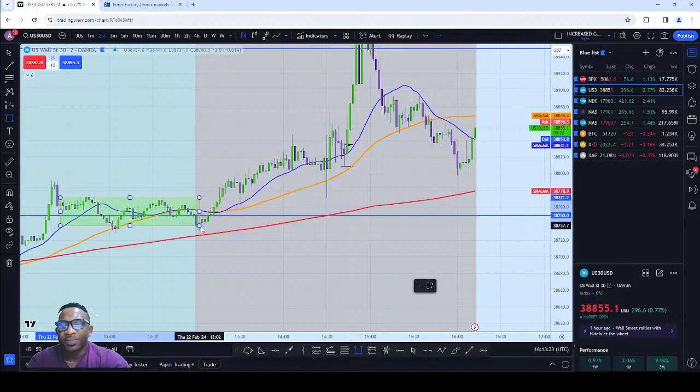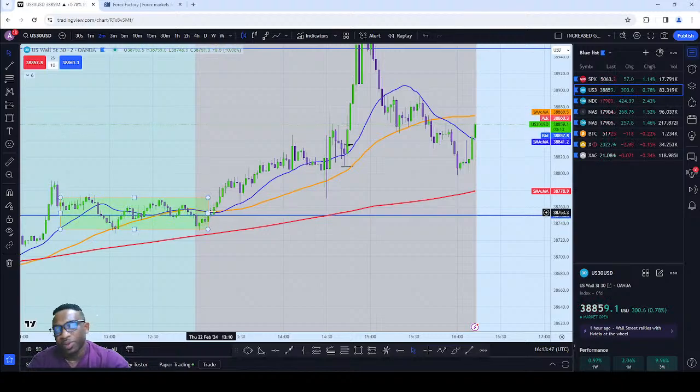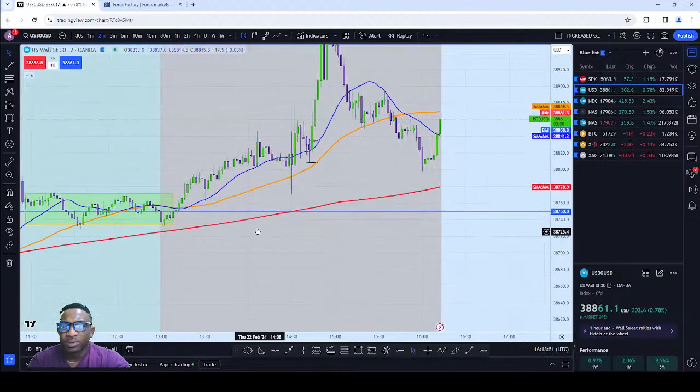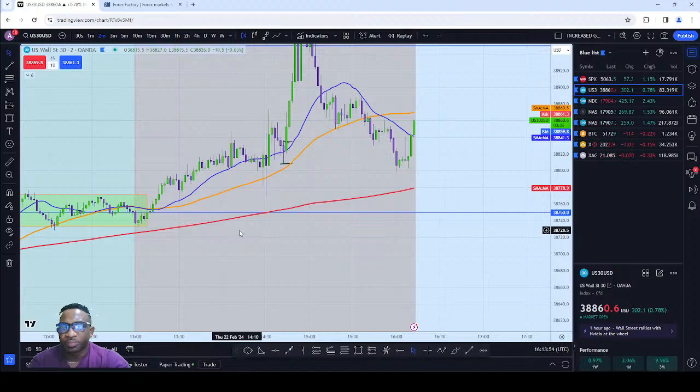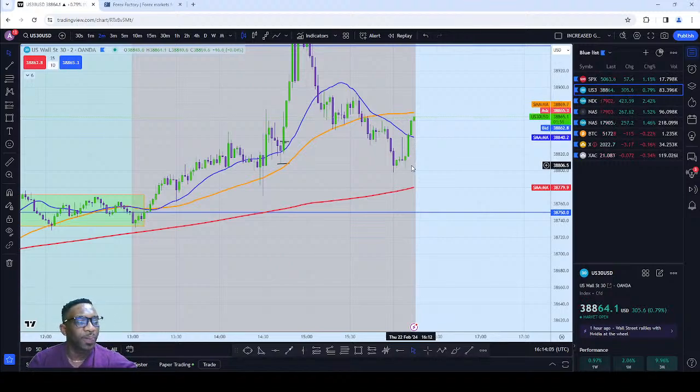So if you spot something like that and it's been in it for some time and it gives you a clear setup, you can take it to ride it up. Looking at the size of this candle, this first one and this one, it looks strong to me for a trend continuation.